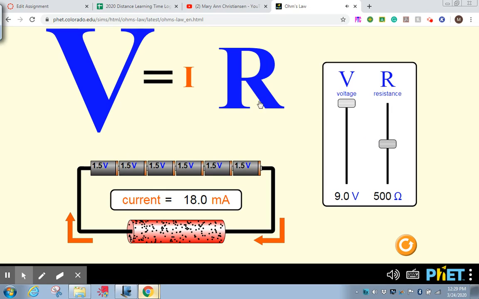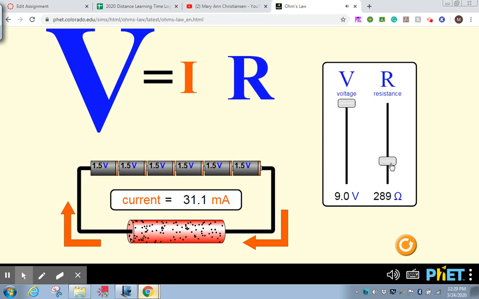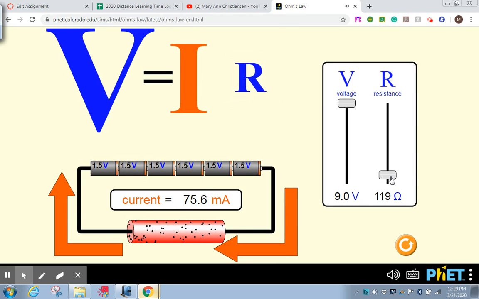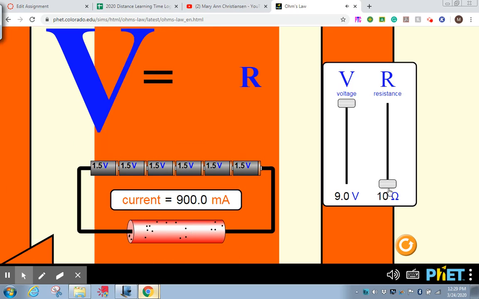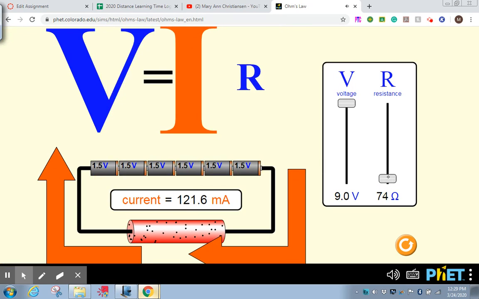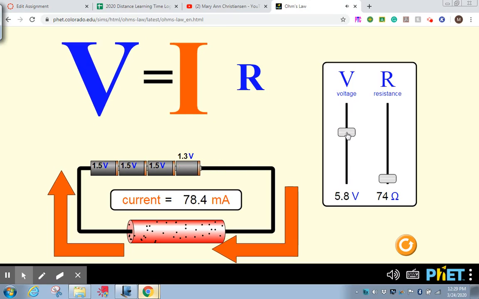Okay, I double the voltage. Let's take my resistance way down. Whoa. So I can change the voltage, I can change the resistance, and you can see how that's going to affect the current. So let's take the voltage way down.